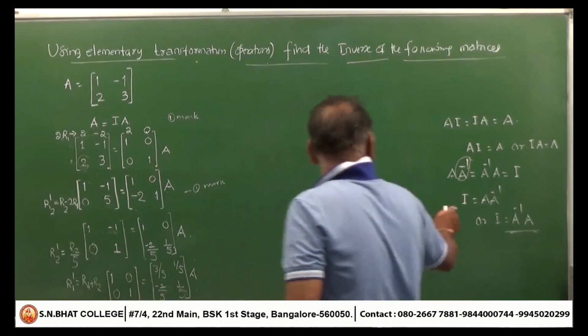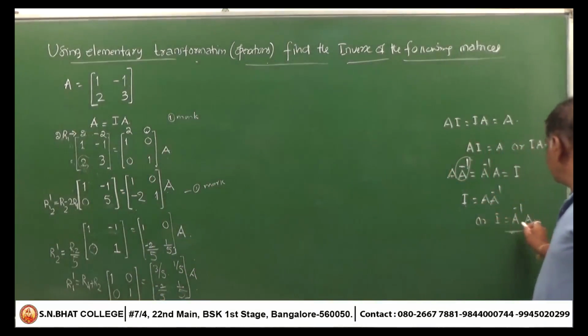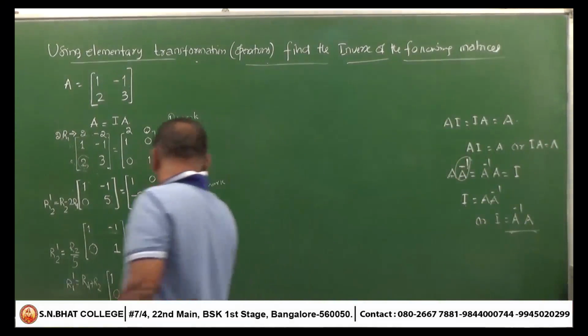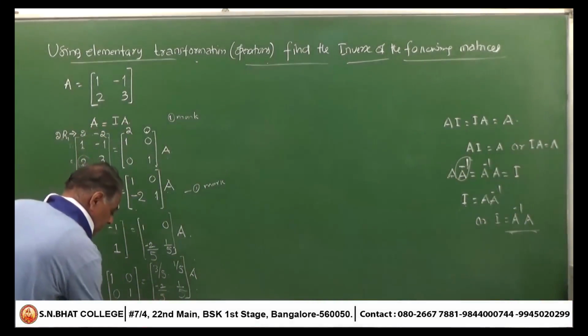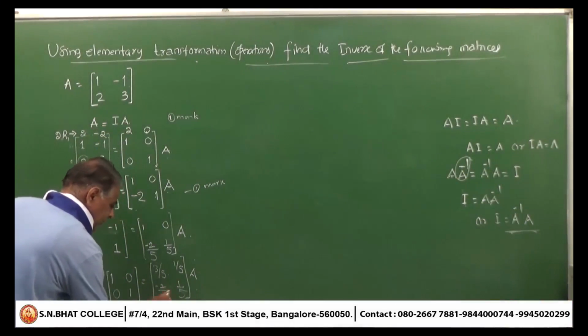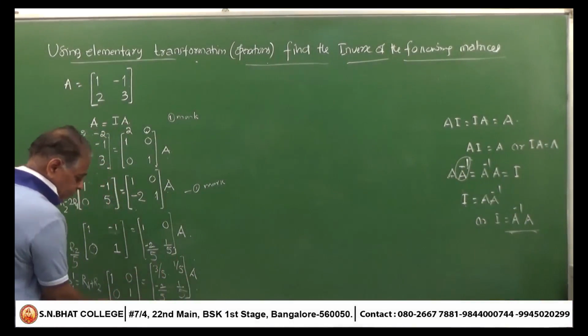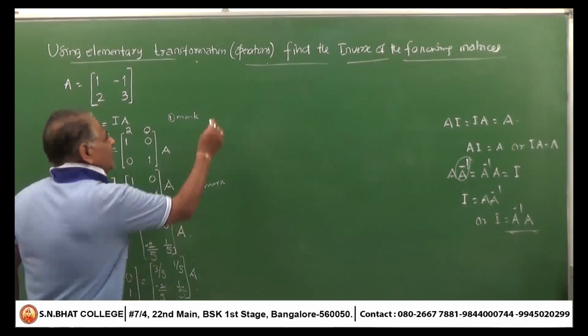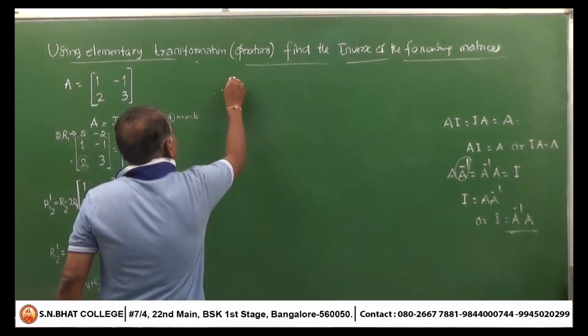It should happen only when I is equal to A into A inverse. Therefore, this matrix is nothing but A inverse, because I is equal to A inverse into A. Therefore, the answer A inverse is.